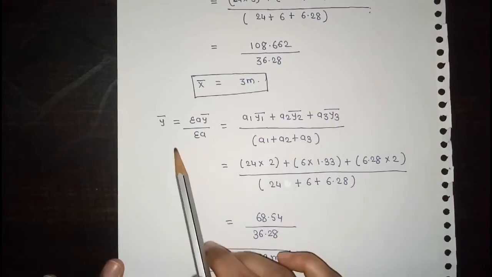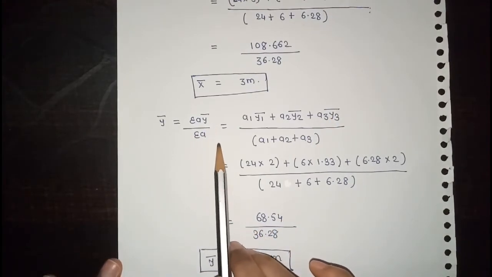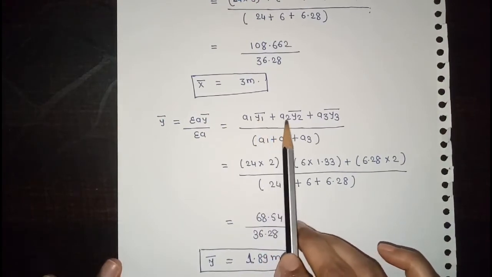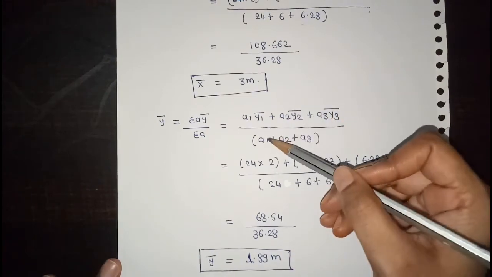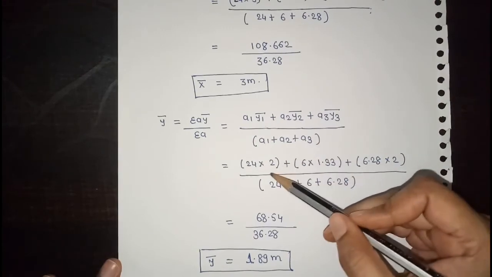Then y bar is equal to summation ay bar divided by summation a, which is a1 y1 bar plus a2 y2 bar plus a3 y3 bar divided by a1 plus a2 plus a3.